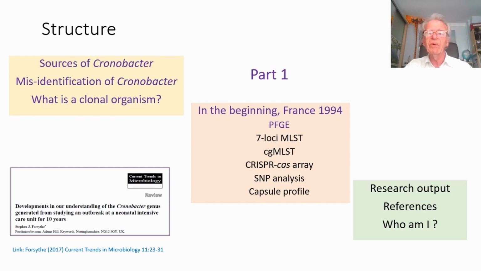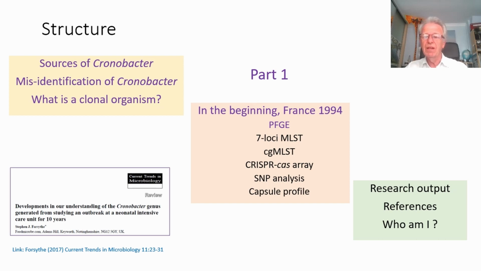So, what we're going to look at in part 1, we're going to look at this first box, sources, misidentification, what's clonality. Then we're going to deal with pulse field gel electrophoresis of the strains isolated in France in 1994.